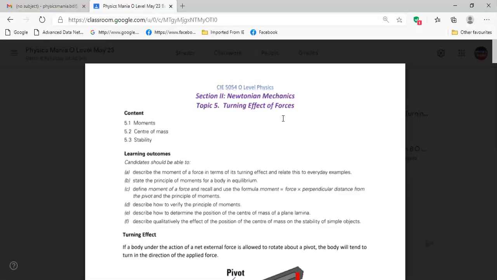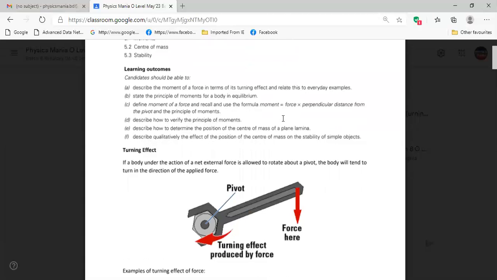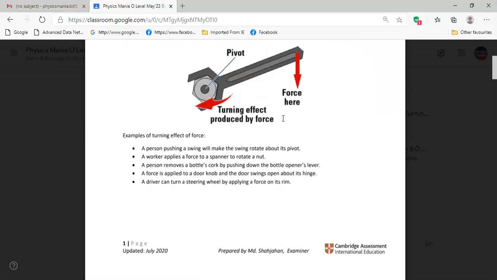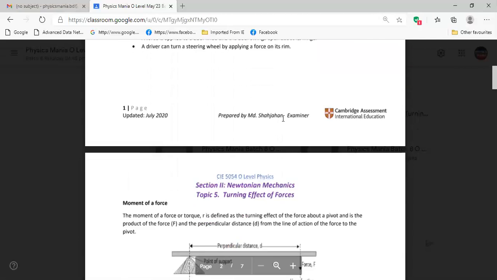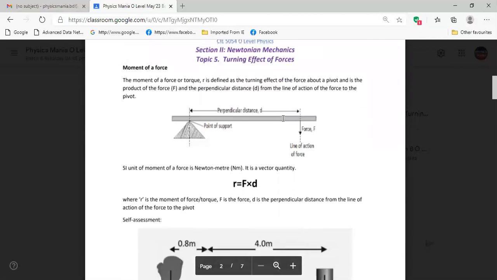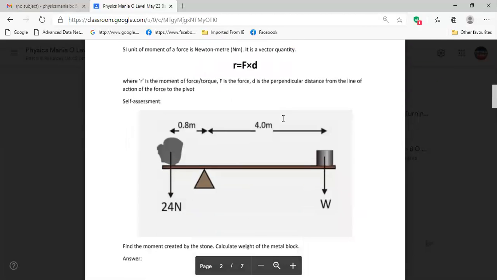So these are the main things of moments, and using all these ideas and formulas, we have the questions in our worksheets. We had the worksheet, and here is the formula.